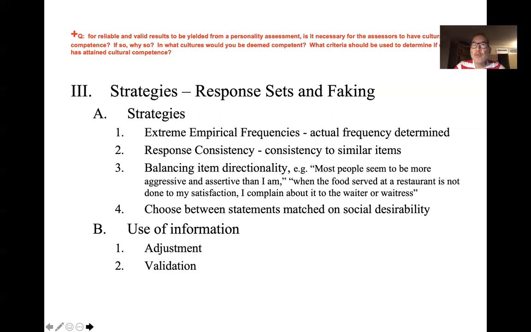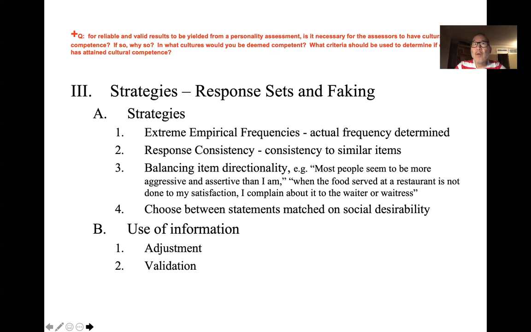Now, what are some of the strategies that objective personality tests can use in order to assess response sets and faking? Well, as mentioned before, these tests typically are made up of, and by the way, let me take a step back.